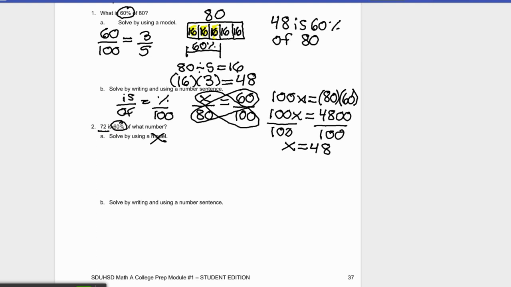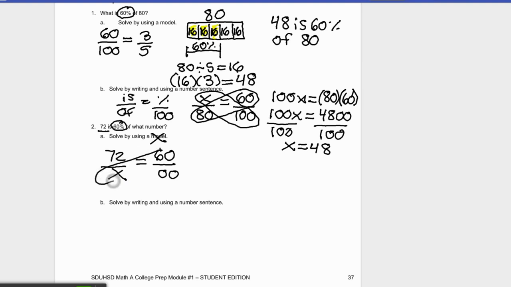Underline 72 is. So I'm going to put the 72 in the is spot. I don't know what number is the whole, but I do know that this is supposed to be 60%, so 60 goes over 100. Okay, so now I can cross multiply my diagonals. Oh, I almost just erased it all, sorry.